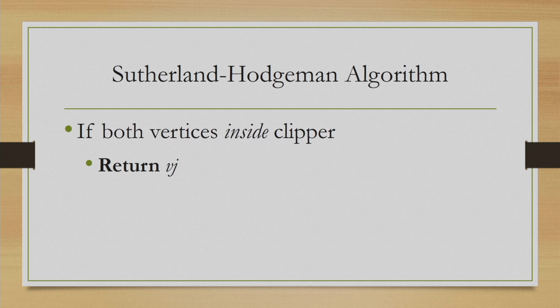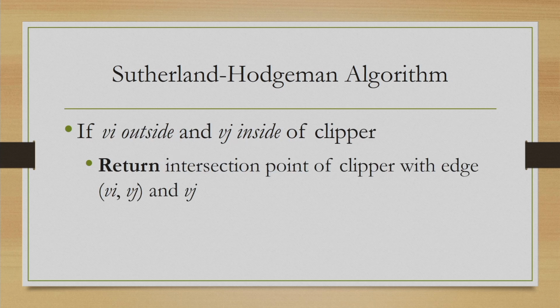If both vertices are inside the clipper, then we return Vj. If Vi is outside and Vj is inside of the clipper, then we return two things: one is the intersection point of the clipper with the edge represented by the pair Vi, Vj, and also Vj.